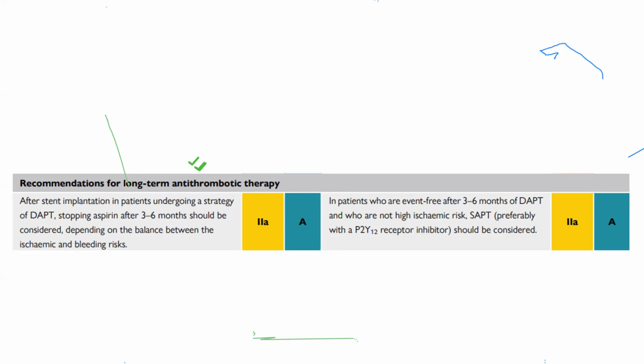And in the current one, patients who are event-free after 3 to 6 months of DAPT who are not high ischemic risk, single antiplatelet therapy should be considered. So it's similar, but it's just the wording that has been tweaked a bit.